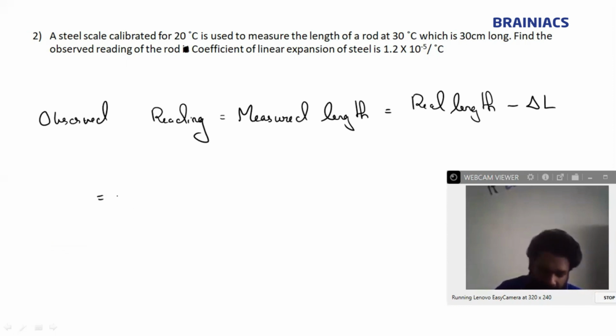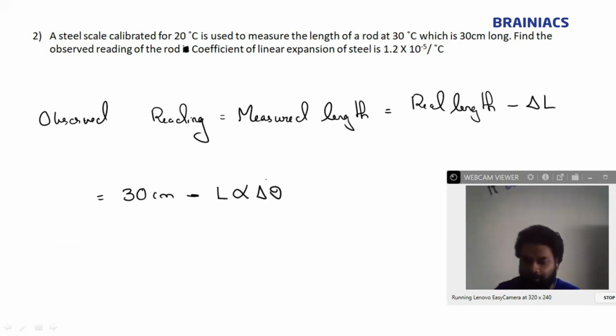Yes, right. So real length is how much? 30 centimeter, minus the change in length. What is the change in length? L alpha delta theta. Correct? L is equal to L naught into 1 plus alpha delta theta.